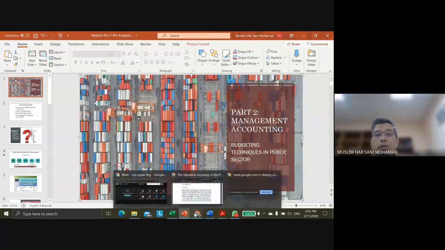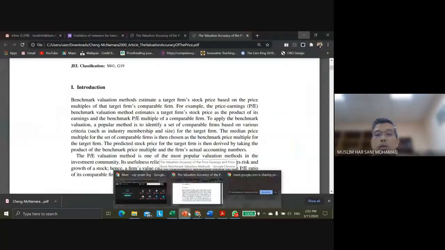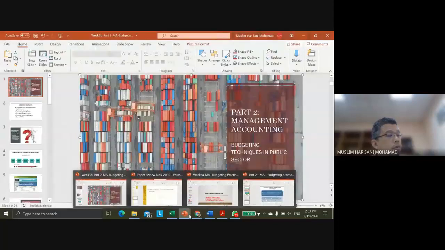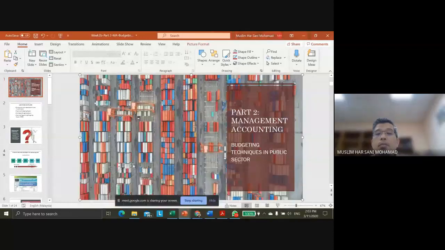Okay, so basically we continue still in week 3 on the budgeting techniques. I think in the previous class we discussed the overall overview of the functions of budgeting in public sector organizations, for planning and control.